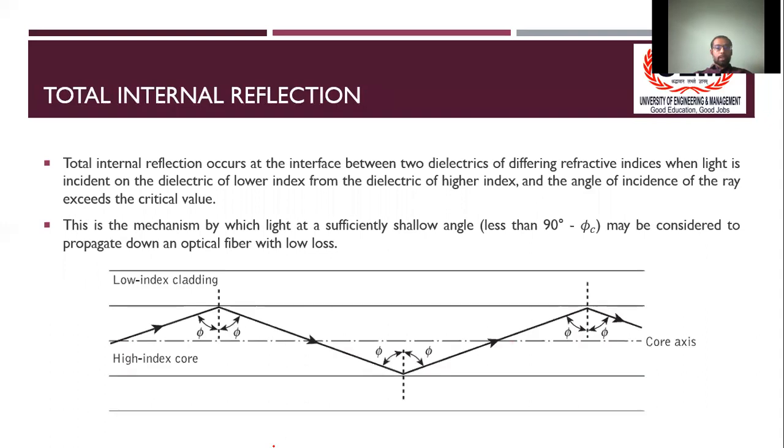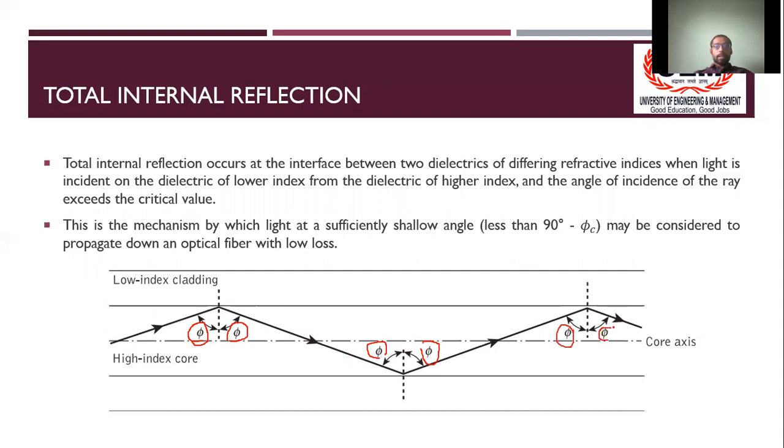So this we see in the diagram, that when the angle of incidence is maintaining the critical angle, this phi here and this phi here, these are all maintaining the critical angle. Similarly, this angle here, this angle here, they are all maintaining the critical angle.